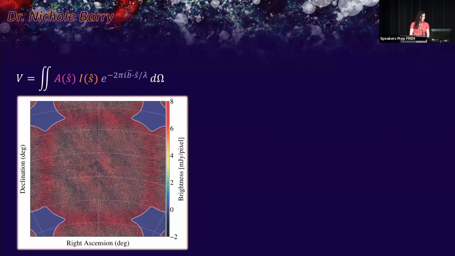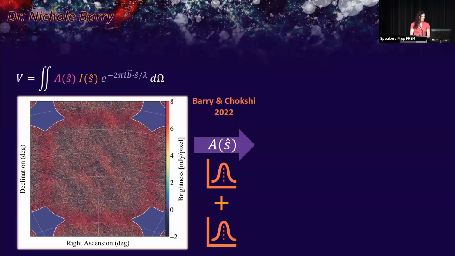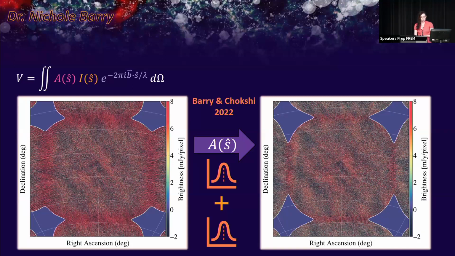And a question that Aman and I asked back in 2022 is, rather than use this really complicated A term, this beam sensitivity term that we get from FEKO simulations of electromagnetics, basically from the ground up, the dipole all the way through the system, instead of using that term, which is again complicated, if you can decompose that term into a series of Gaussians, which are analytic, and their Fourier transform, what does your image look like instead?